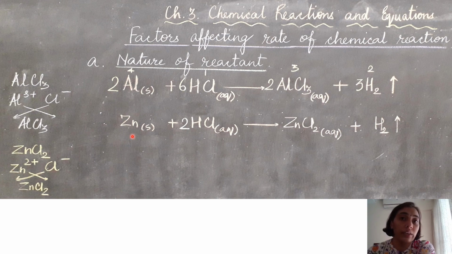Zinc comes a little lower, and so we find that aluminium is more reactive than zinc. Since it is more reactive than zinc, the reaction is completed faster and the evolution of hydrogen gas is also faster. So this is one factor that determines the rate of chemical reaction. So if you bring in contact those reactants which are having greater affinity for one another, the rate of reaction can be increased. So this is the first factor. Let us now see the next factor.